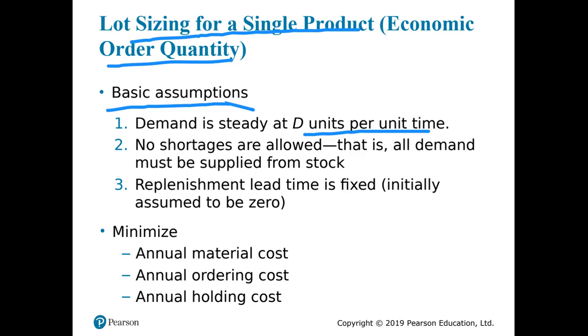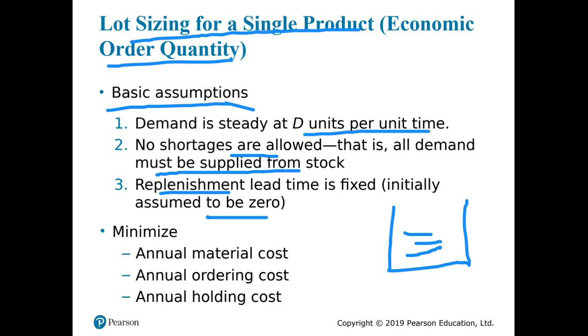The replenishment lead time is fixed, initially assumed to be 0. So we need to minimize the annual material cost, annual ordering cost, and annual holding cost. This is our objective, so that we can maximize our profit margin.